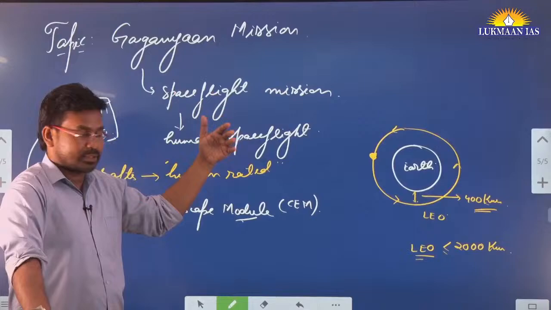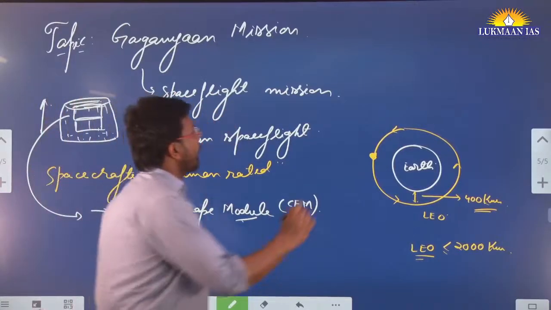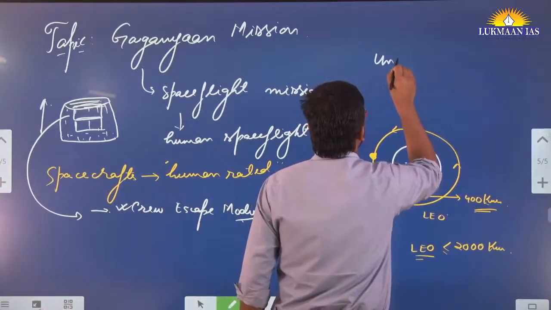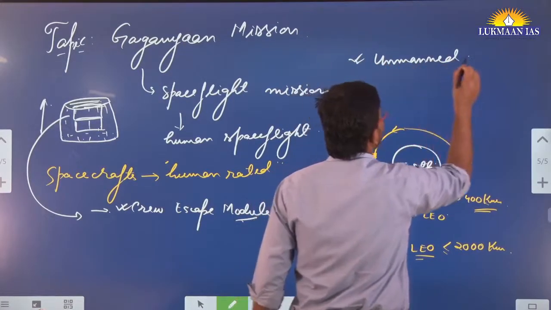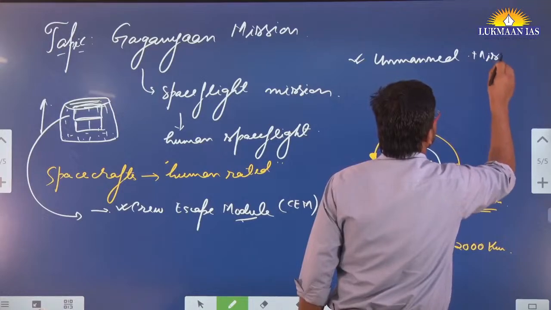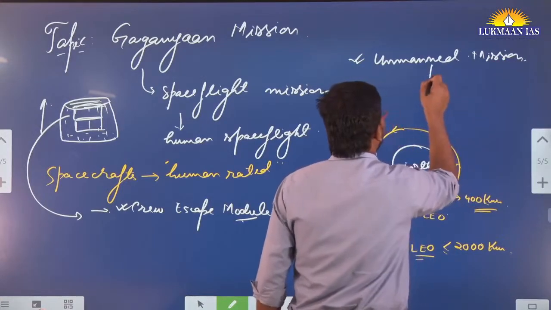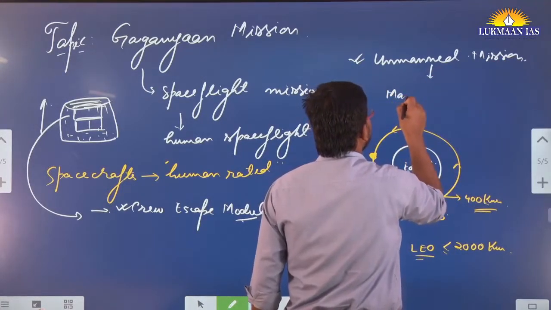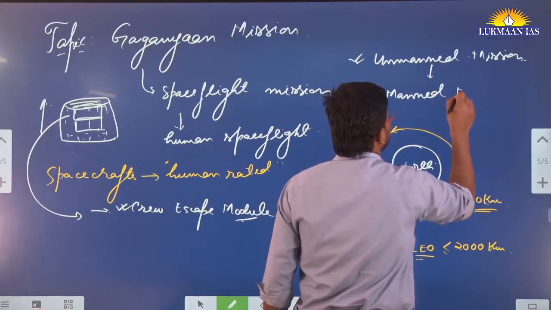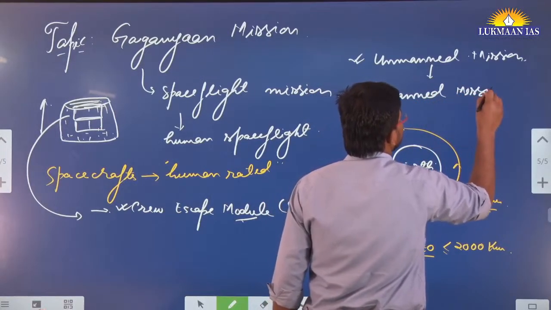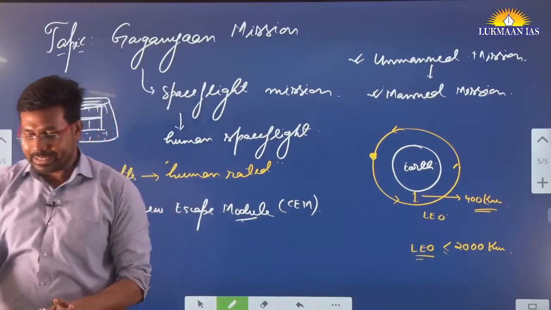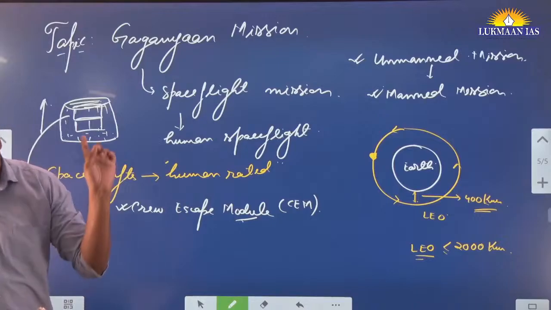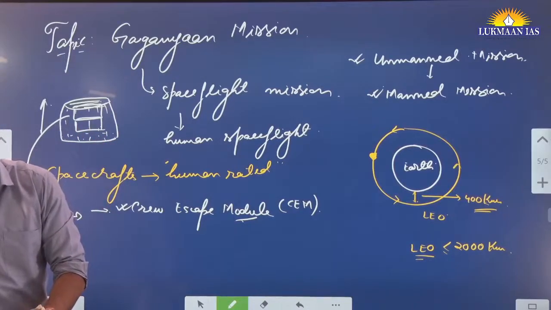They are first going to have an unmanned mission. And once this unmanned mission becomes successful, only then they will be having a manned mission. Manned means they are going to send the human being. In this article they have talked about one particular test that they are going to conduct.